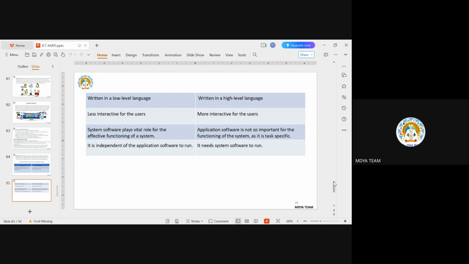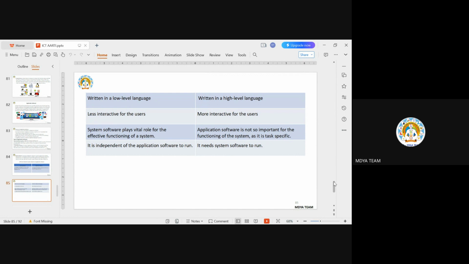System software plays a vital role for the effective functioning of the system. In system software there is an operating system, and without an operating system we can't run the computer. Application software is not so important for the functioning of the system; it does only a specific task.